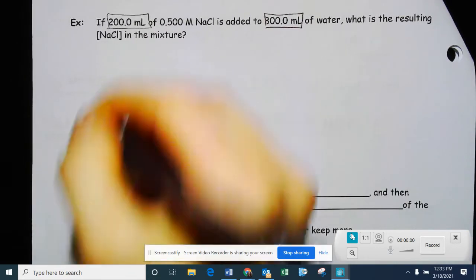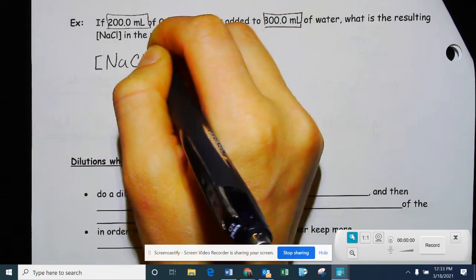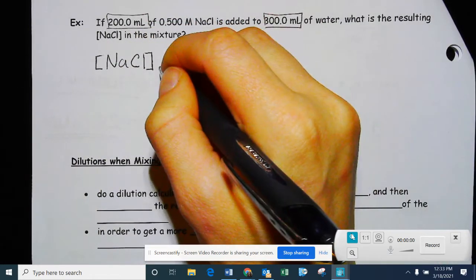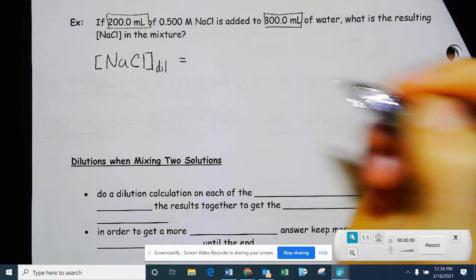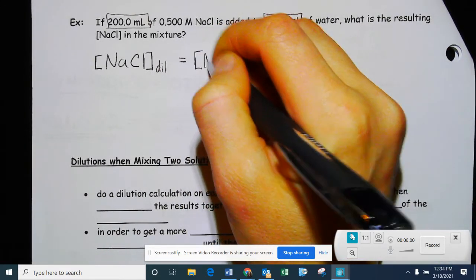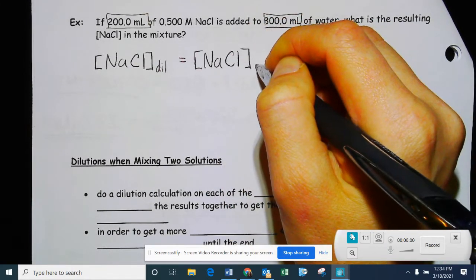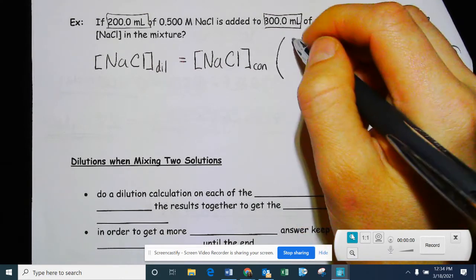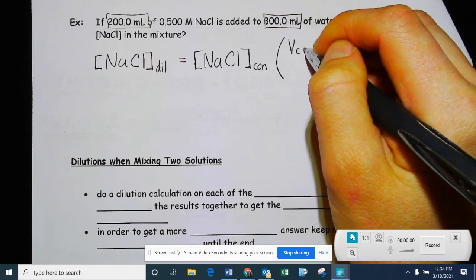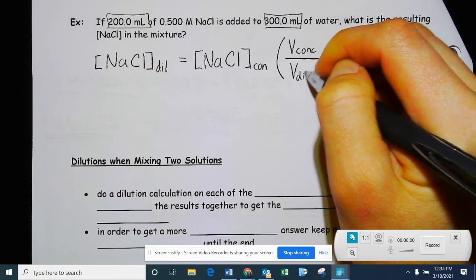So what we're going to do is, okay, concentration of sodium chloride in the diluted solution. We're just using that equation from the last page, which is equal to the concentration of sodium chloride from the concentrated solution multiplied by the ratio of volume, so volume concentrated over volume diluted.